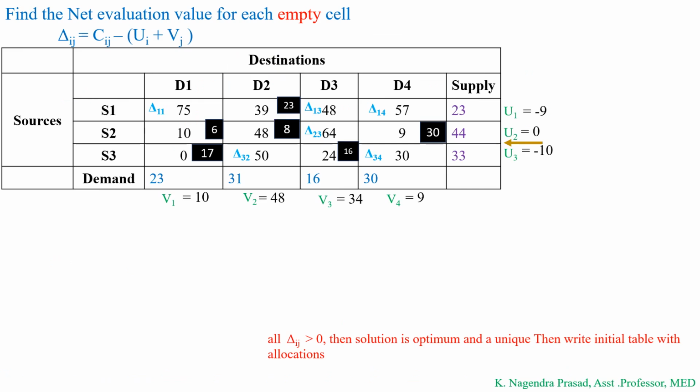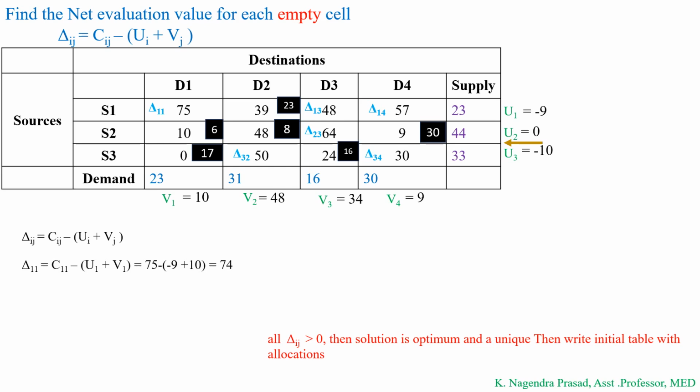Next we have to find the net evaluation value for each empty cell, that is delta ij equal to Cij minus of Ui plus Vj. Here the empty cells are delta 11, delta 13, delta 14, delta 23, delta 32 and delta 34. First, delta 11 will become C11 minus of U1 plus V1.